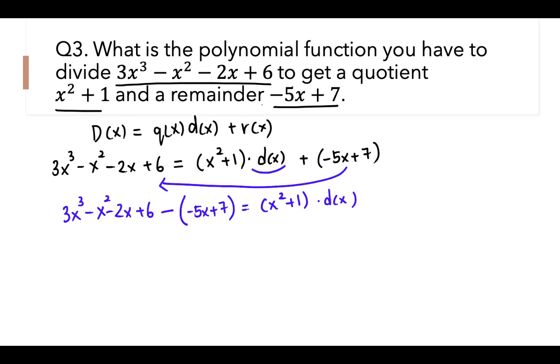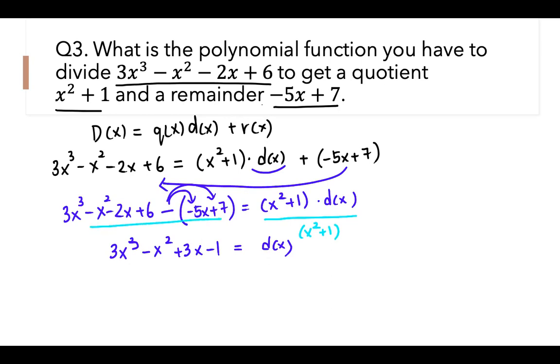Now when you do this, simplify negative negative, negative positive, you get 3x cubic minus x squared plus 3x minus 1. Now I'm going to divide both sides by x squared plus 1 to get rid of it. This side as well, x squared plus 1, so that you cancel out.